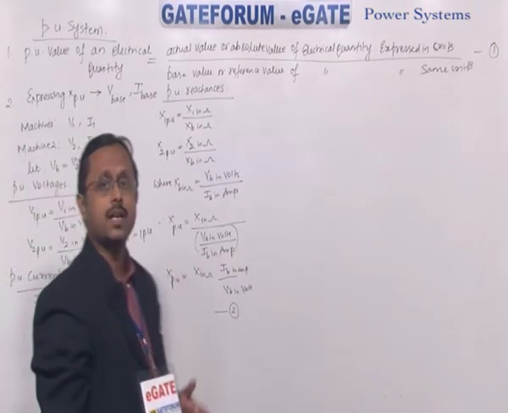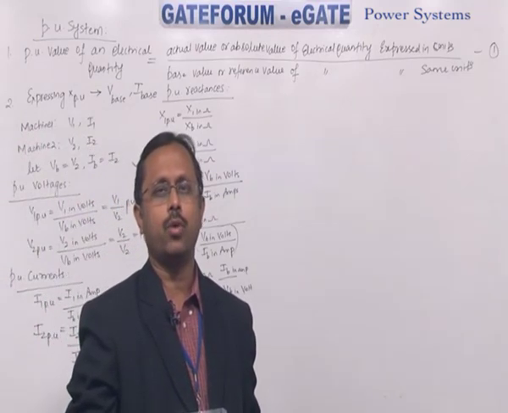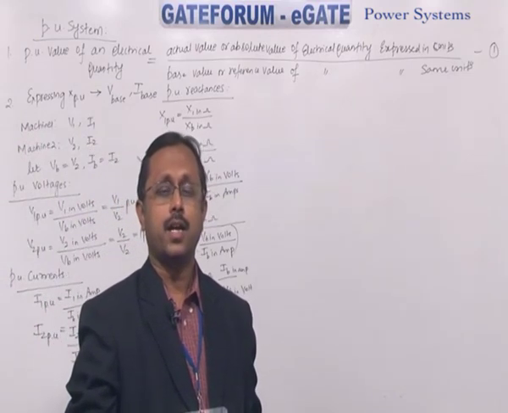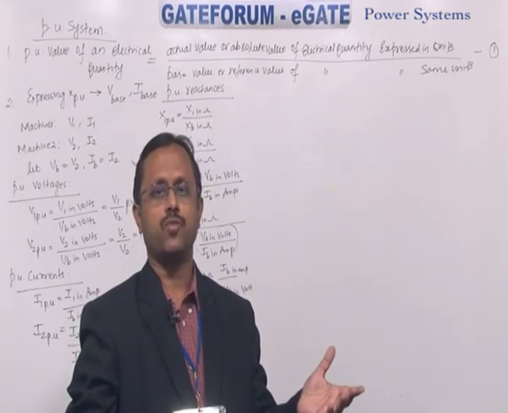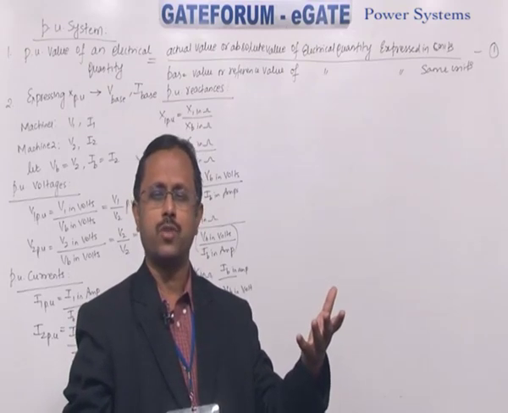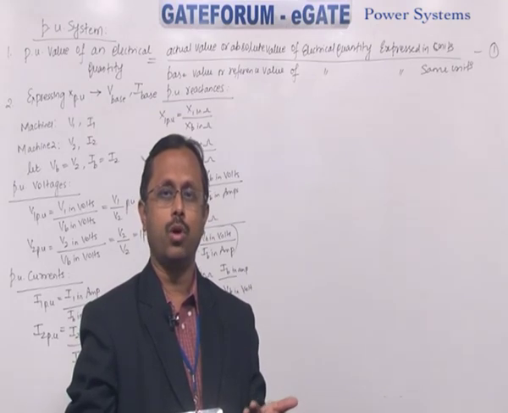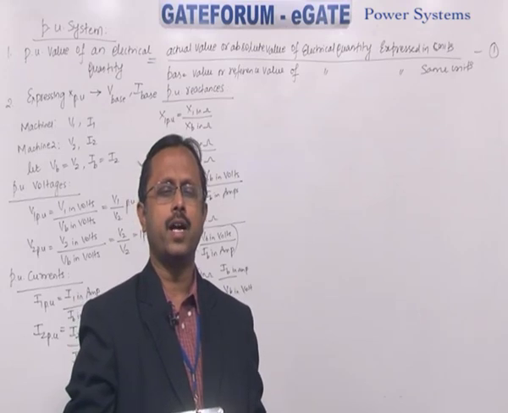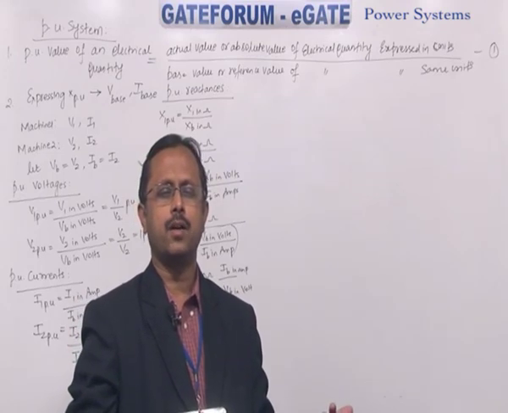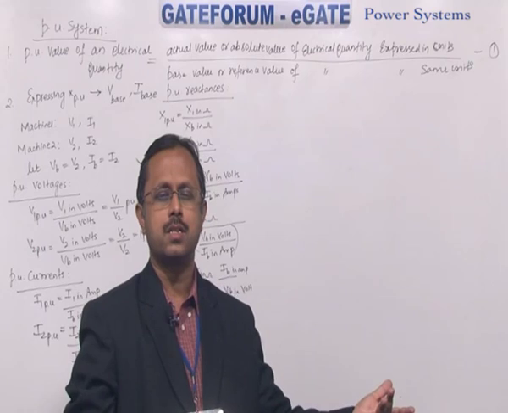But all the electrical machines do not have their ratings only in voltage and current. They are also rated in volt amperes and voltage, like transformers. You know, transformers are rated in volt ampere and volt. So we have to express per unit reactance in terms of base volt ampere and base voltage.